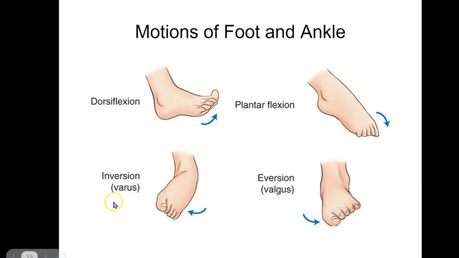Inversion or varus is an inward turning or bending of the ankle and subtalar joints. Eversion is an outward turning or bending. So inversion would be medial, eversion would be lateral. But notice here, the lower leg does not rotate at all during inversion and eversion.